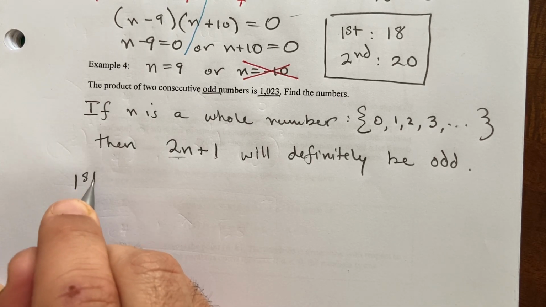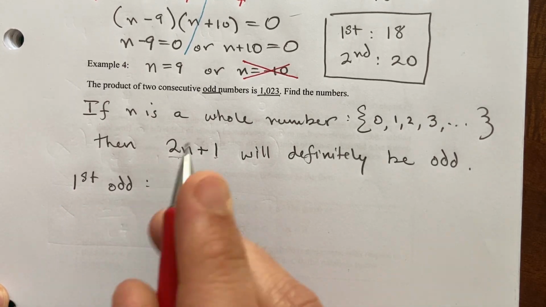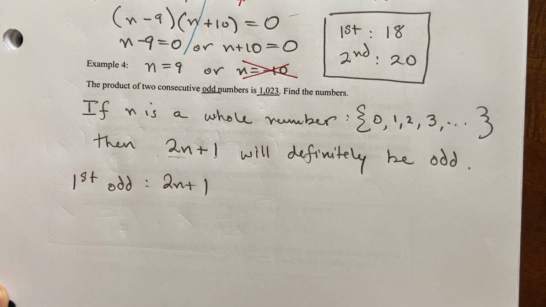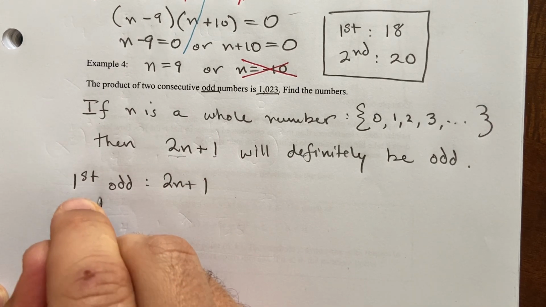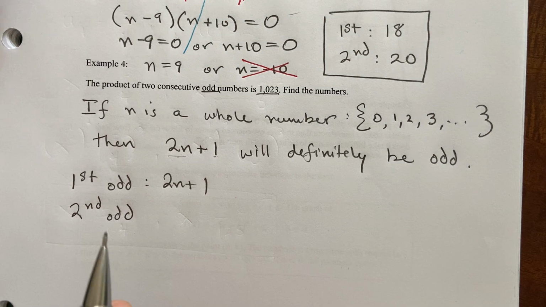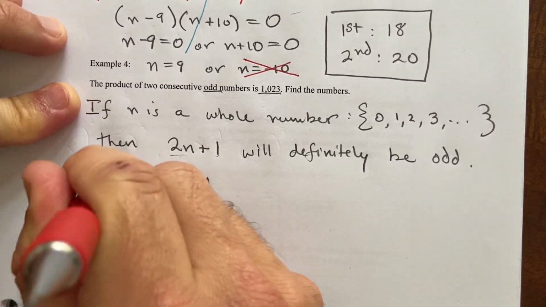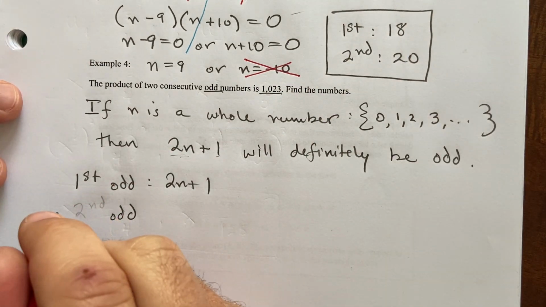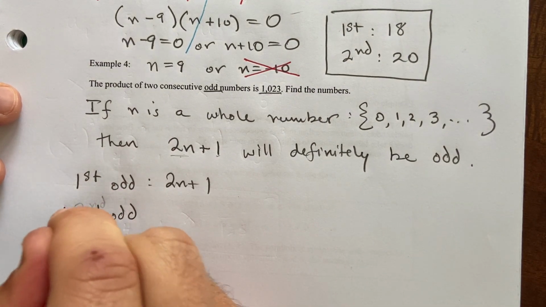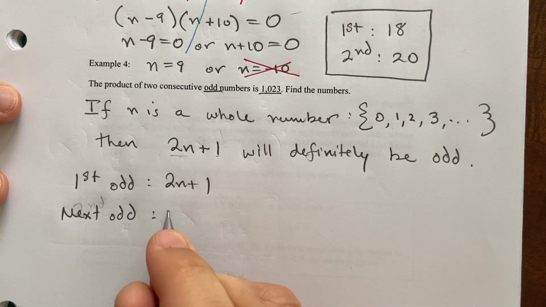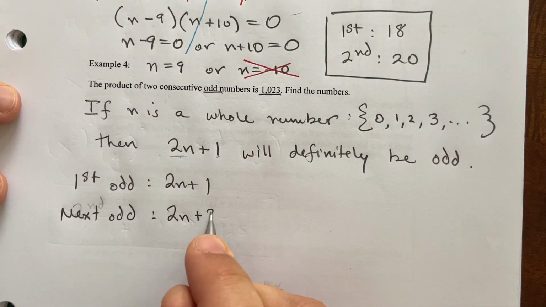So the first odd would be 2n plus 1. The next odd, I should say, just to match up. The next odd would be 2n plus 3, right?